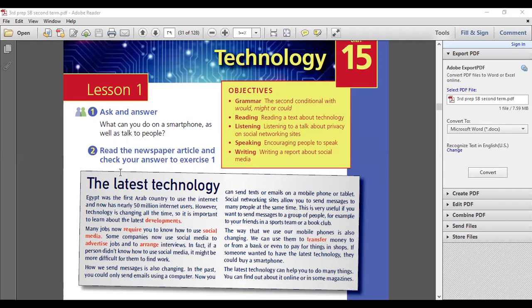Now open your book on unit 15, technology. Okay, let's start, Yusuf.